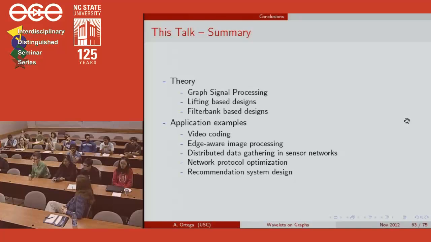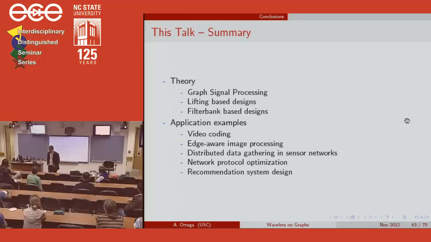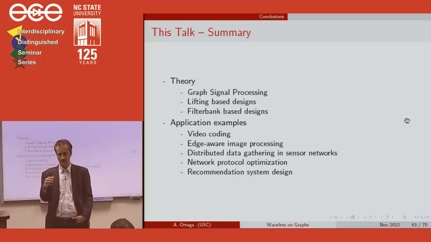Well, in the edge-aware image processing, we haven't really evaluated that for video. So it would be one frame, one image, one edge map, and then you figure out what is the right amount of edge information.